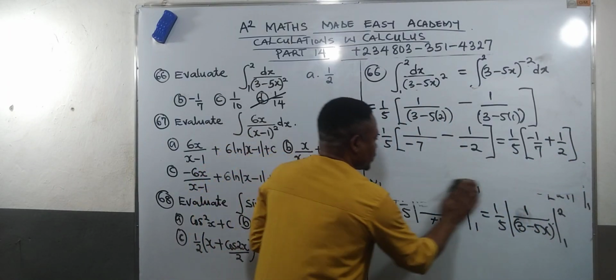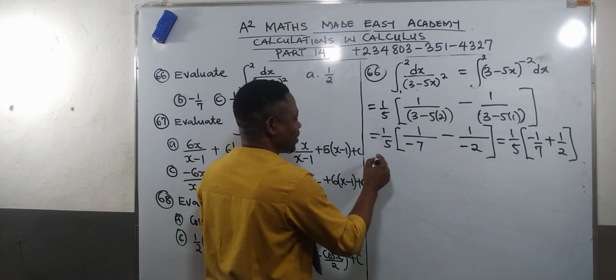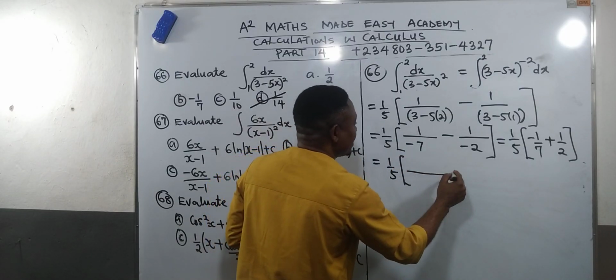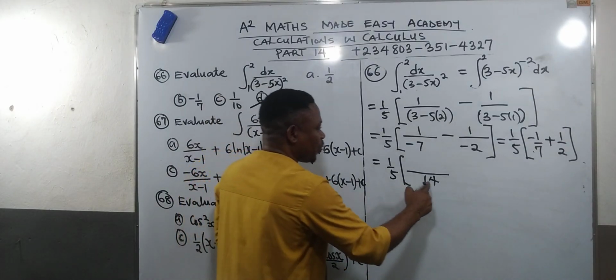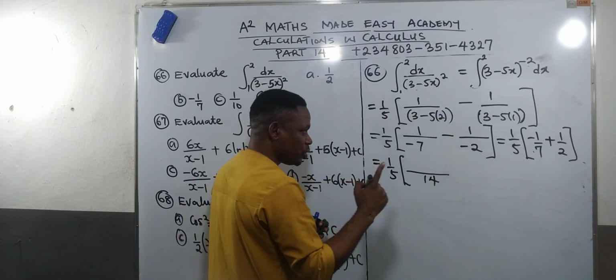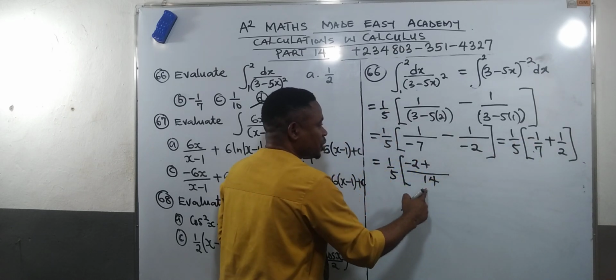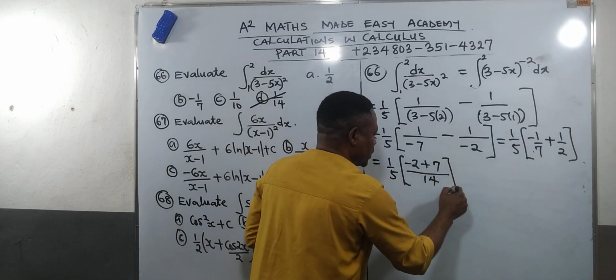Take the what? LCM. Now remember, I'm using the integration by substitution method. Can I say 1 over 5, right? Then open. What is the LCM? 7 times 2 will give you 14, right? I will now say 14 over 7 is 2. 2 times minus 1 is minus 2. Then I will add. 14 over 2 will give you 7. 7 times 1 is 7. Close the bracket.